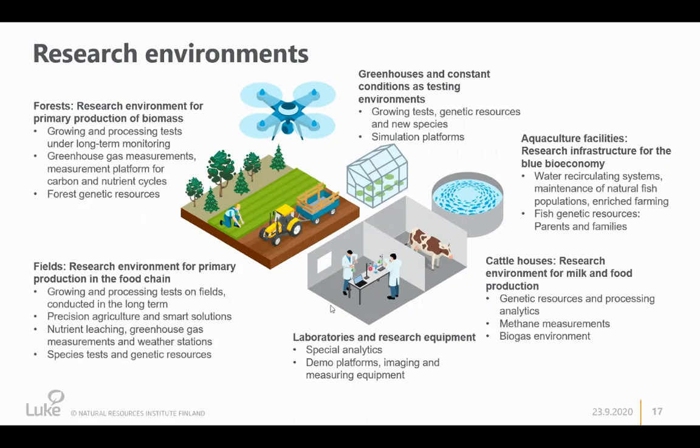Then we also have aquaculture facilities for fish research. Then there are cattle houses and also many laboratories and other research equipment. So this is one really key thing that makes us able to conduct very special research, because we have very good research environments available.